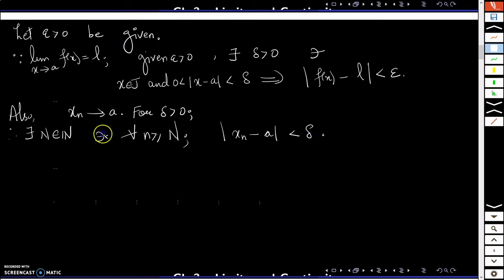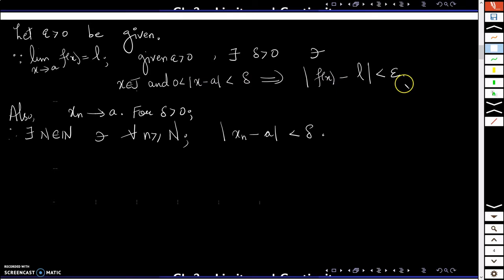And the terms of the sequence xn are from J difference A, so they are in J except possibly the point A. Fine. So for all the points xn where n is greater than or equal to capital N, this condition will also work, because it works for all the points in J whenever |x − A| is less than delta.